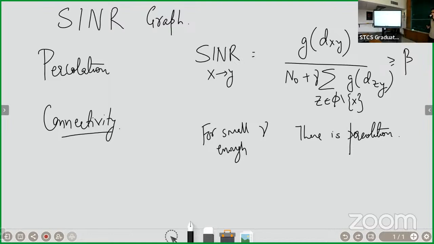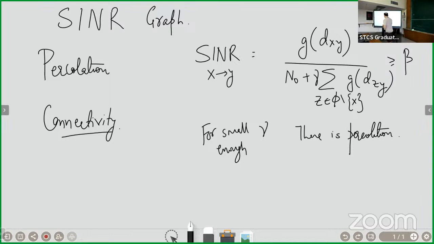Points is restricted to be in a bounded area, because otherwise you'll never get connectivity. If you look at all of R2 and expect there should be connectivity, that is always going to fail. The first thing I would do is to restrict my attention to a finite area.